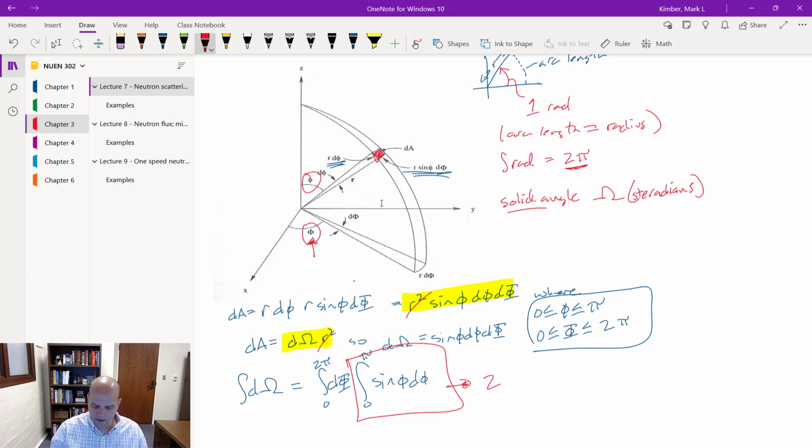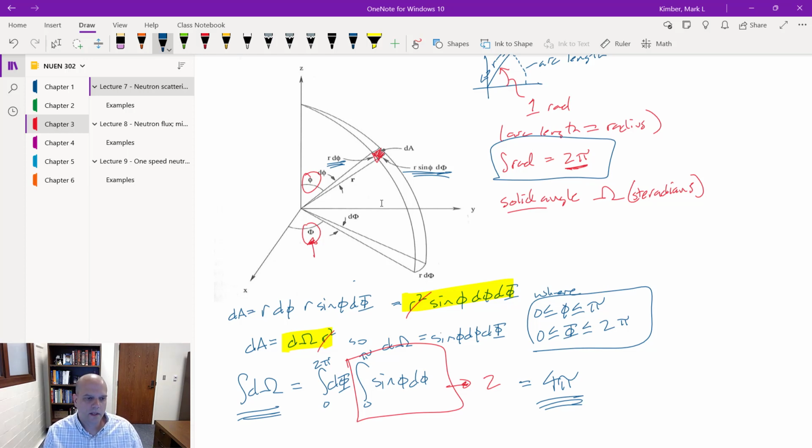And so I find that my total integral here is going to equal 4 pi. That's probably the main take-home message from this analysis: what we did with radians in two-dimensional space gave us an integral of 2 pi, and we found that the integral of my solid angle is going to be 4 pi.